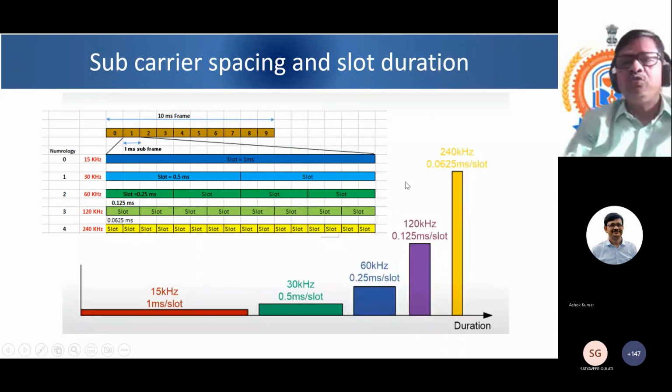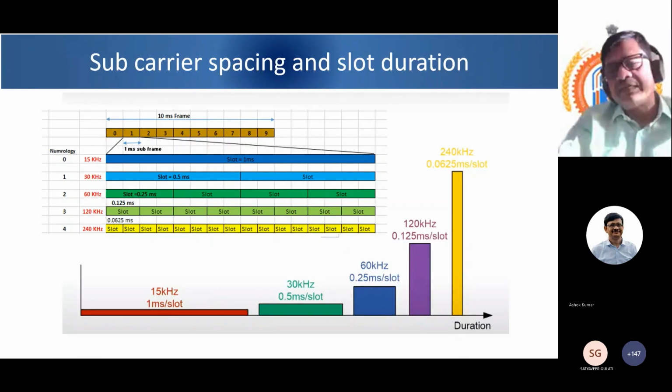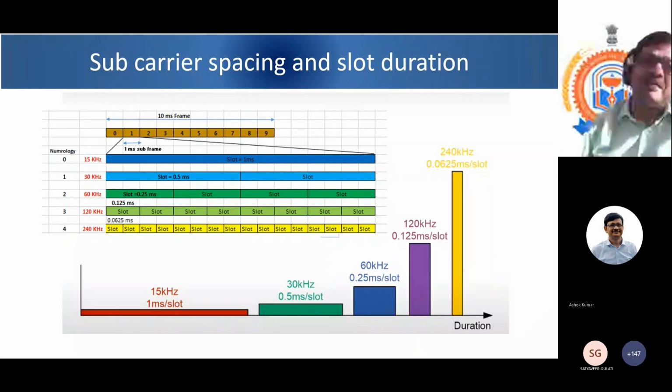I need to use higher numerology because in higher numerology my slot duration is less, so I'll have less waiting time and my latency will improve. I have to use higher frequency because I'm trying to use higher numerology and lesser coverage. So it is a win-win situation: if I have a higher frequency, I'll create a small cell, and I'll be using a higher numerology.